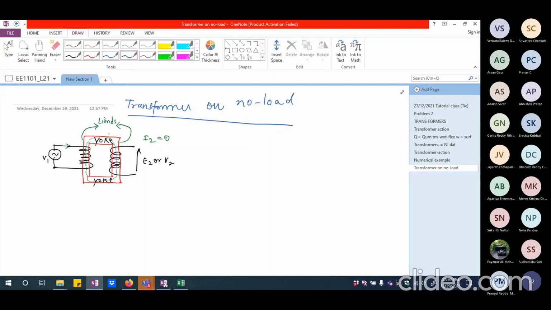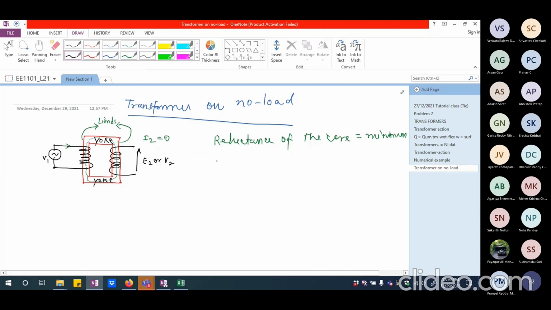If I look at the reluctance of this core, because it's a ferromagnetic material, the reluctance of the core is very, very small. It will not be a large value at all.